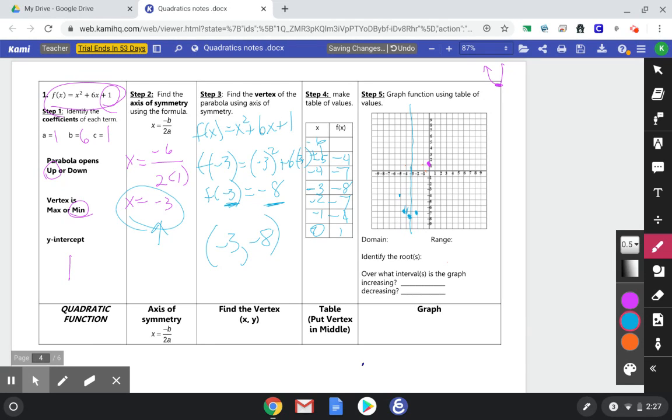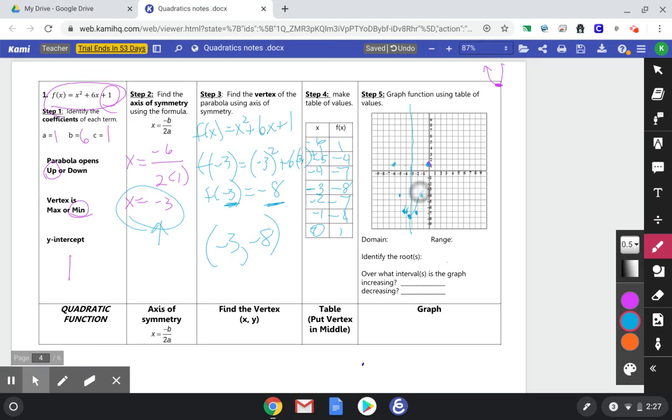This is very difficult for me to see. -6, +1. And then I'm going to go in the opposite direction, 2 and 3.